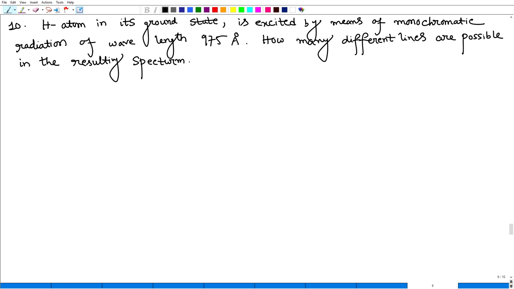Okay, given, what is given? Other question is there. Calculate the longest wavelength amongst them.